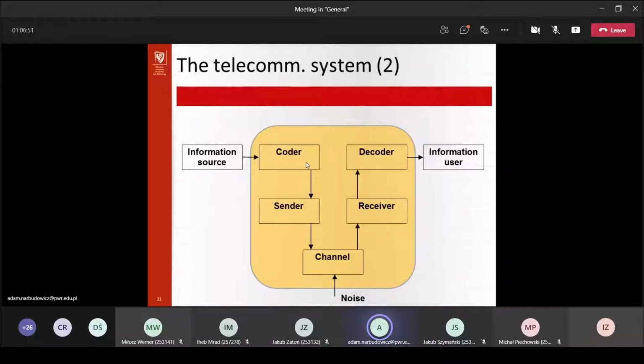And the reason is that, as I mentioned, at the end of the day you have the channel with the noise. And depending on the channel, you would try to do some coding, which will be intended to detect possible errors and also to make your signal later on as immune as possible to the occurrence of that noise, right?